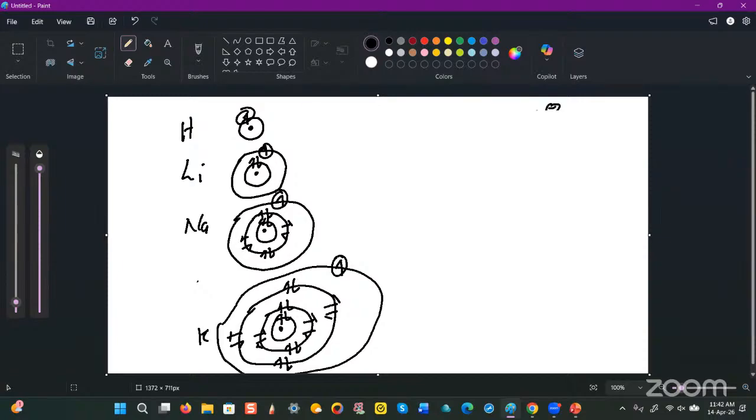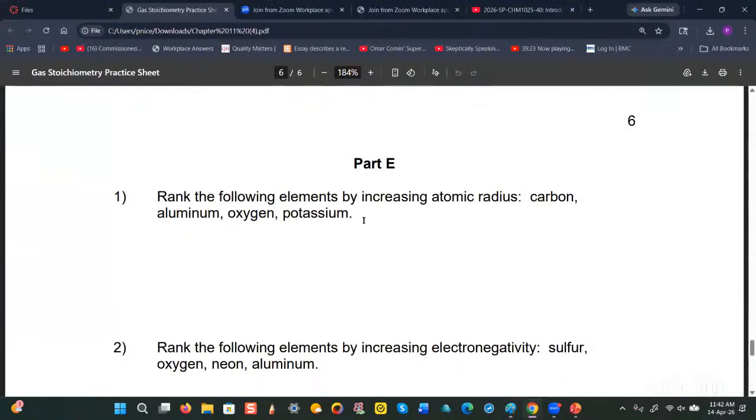So, with that said, let's look at the question. This question here in part B, number 1, says you're to rank the following elements by increasing atomic radius. In other words, you're starting from the smallest to the largest, right? You're given carbon, aluminum, oxygen, and potassium, all right?